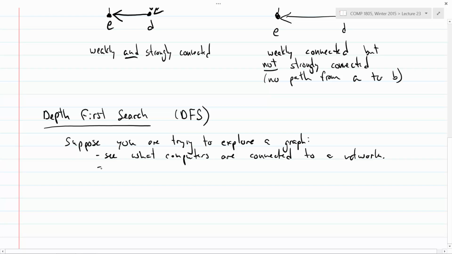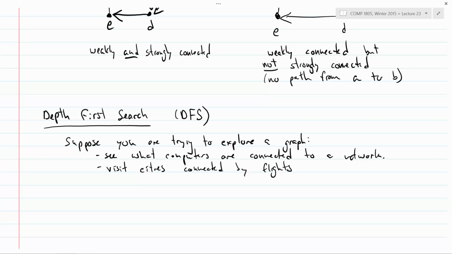You might also want to see, say, visit different cities that are connected by flights. Right, so if you're taking Comp 1406 with me, we did an example a lot like this.